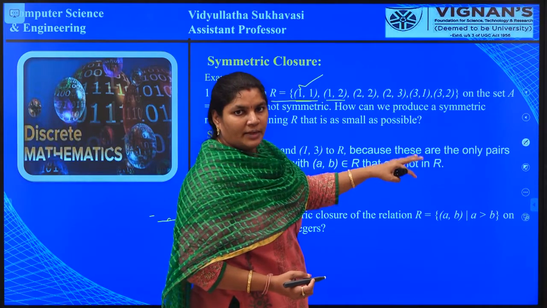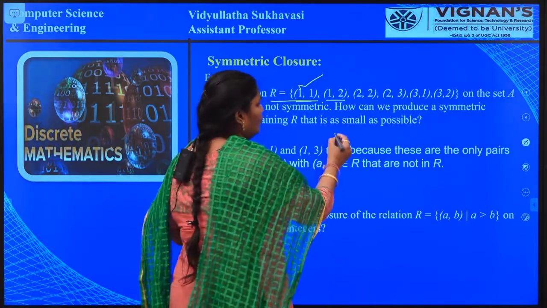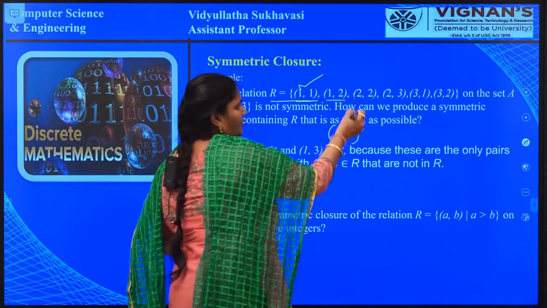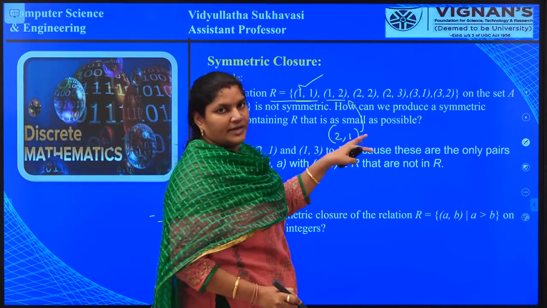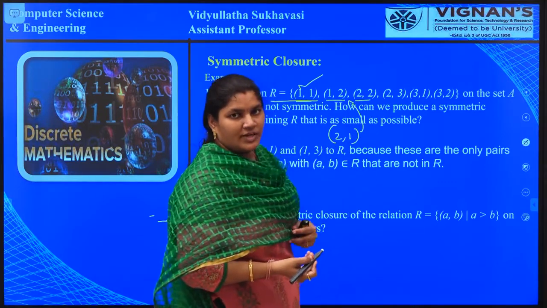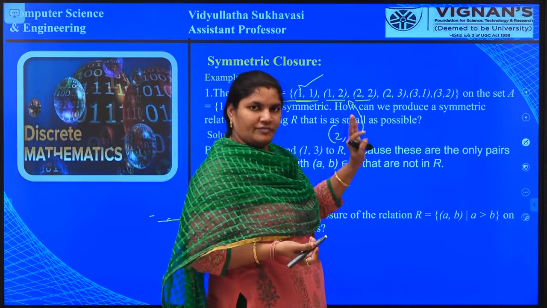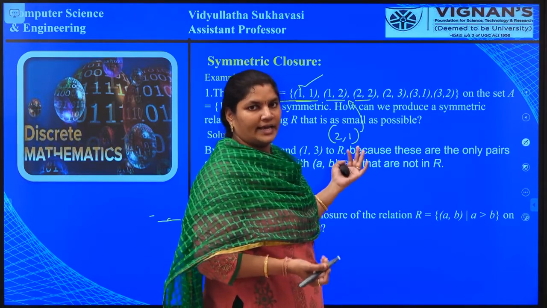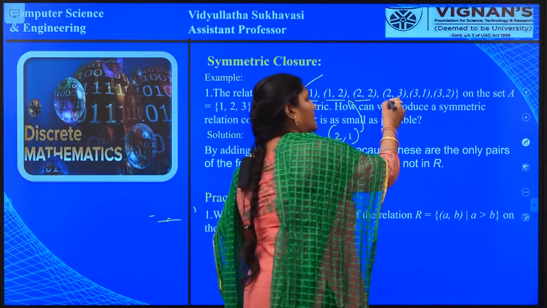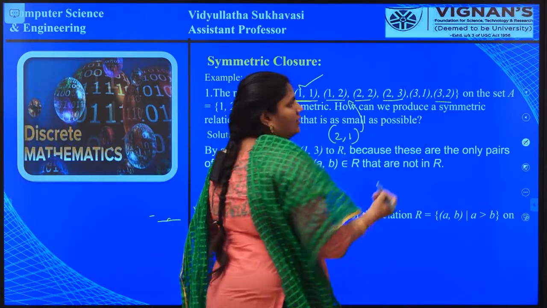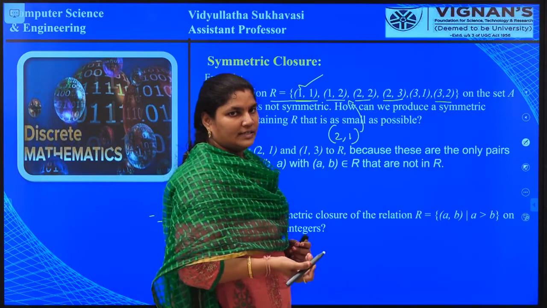So what is the ordered pair we need to add now? 2 comma 1 should be added into this relation R. Next 2 comma 2. Since it is a reflexive pair, if we change it also, it is the same form, so we need not add it again. Next 2 comma 3. 3 comma 2 is already there in the relation R, so no need to add that.